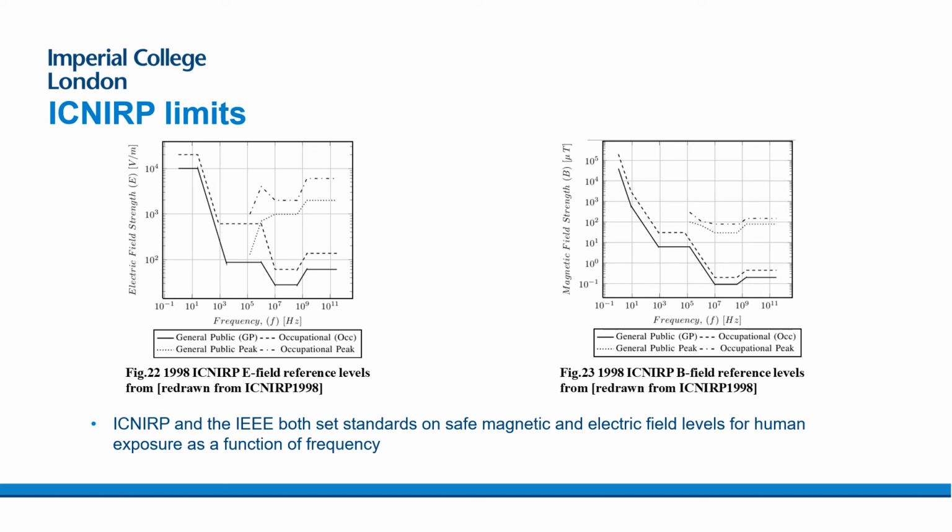The general point that I want to make here is that, as you go up in frequency, the field strengths that you're allowed to be in decrease, and that could be potentially disadvantageous for high frequency IPT systems. But of course, and you'll have seen this in the formulae, and I think it was mentioned in the previous talk, the amount of power transfer that you can get goes up with frequency anyway, so this is not as bad as it looks from a power perspective.